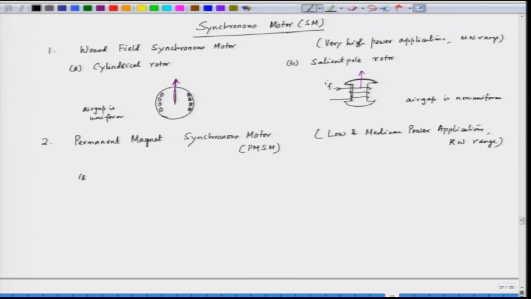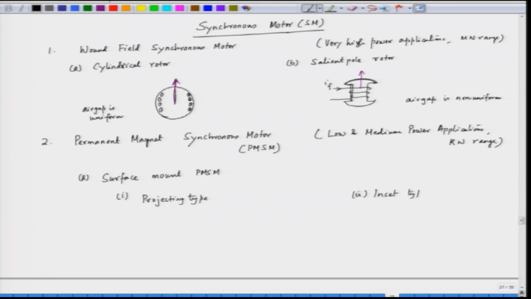One is called a surface mount permanent magnet synchronous motor, PMSM, and this consists of again two types. One is called a projecting type, and the second one is called inset type.